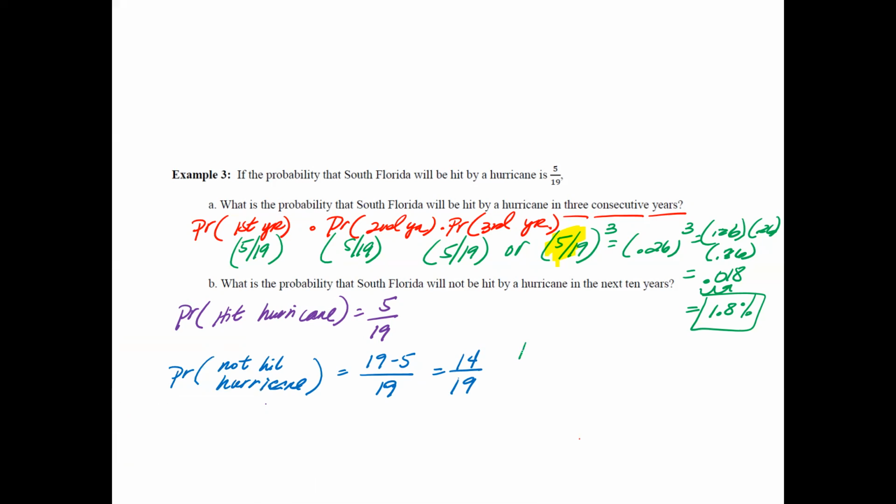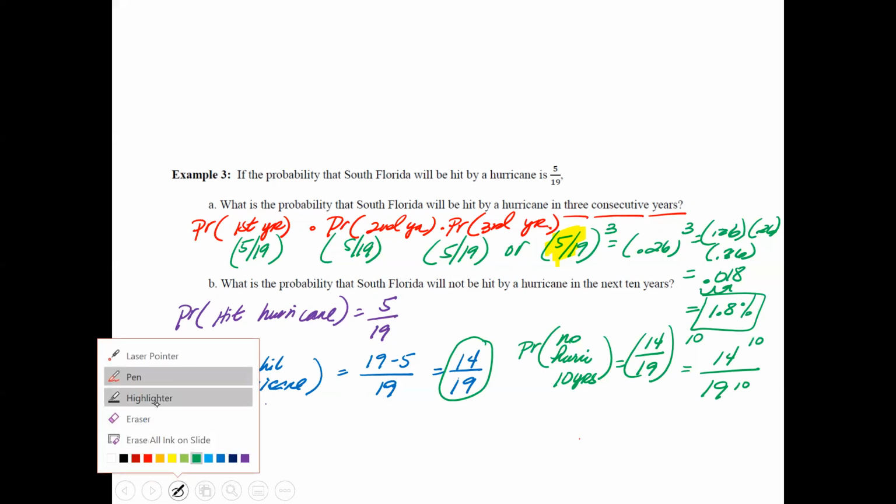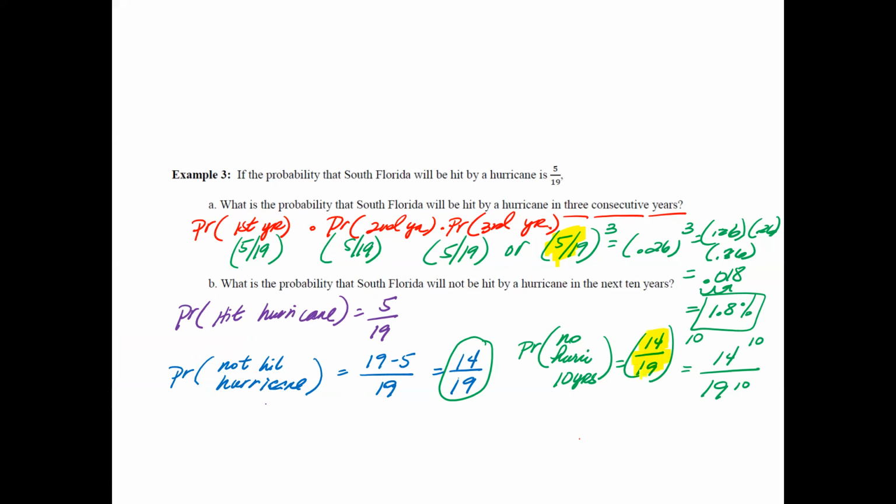So if I want to find the probability of no hurricane for the next 10 years, I'm just going to take the not-hurricane probability, 14 over 19, to the 10th power, or multiply it 10 times. So grab your calculator. What is 14 to the 10th power? And what is 19 to the 10th power? You could do it that way, or you can do the little shortcut, which is 14 divided by 19.